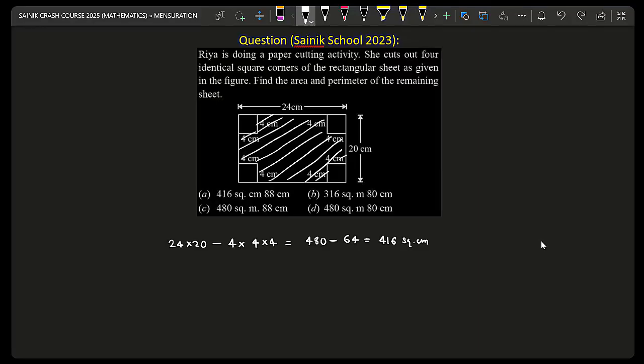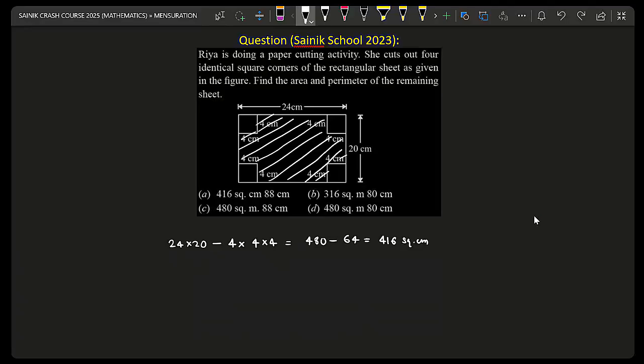No, you are missing something, Pranay. Check once again. Vishnu, can you try how to find the perimeter of this shaded part? Sir, it is equal to the area of the full thing without cutting. I'm not asking about area, the area is 416 square centimeter. I want the perimeter.